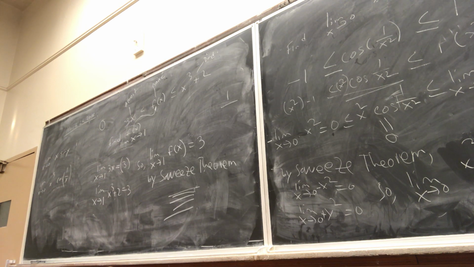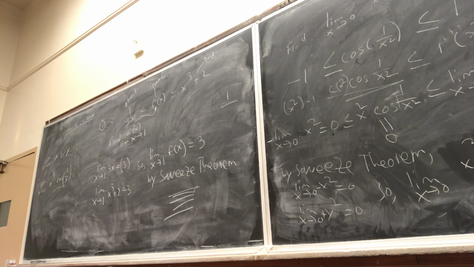The understanding has to come from the theorem. x cannot be a, and g of x, f of x, h of x, if the limit as x goes to a of g of x is L, and the limit as x goes to a of h of x is L, then the limit as x goes to a of f of x has to be L, there is no other choice.